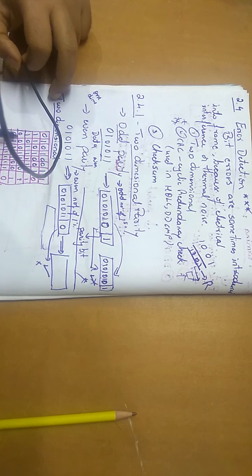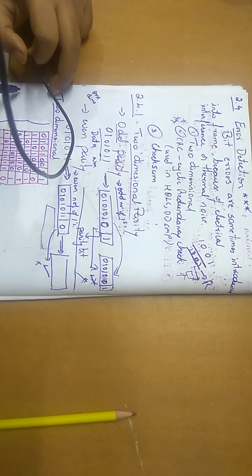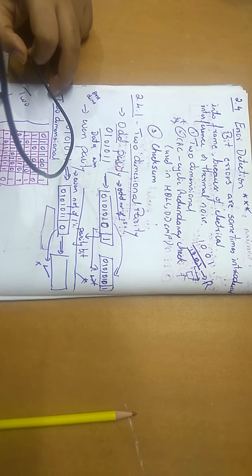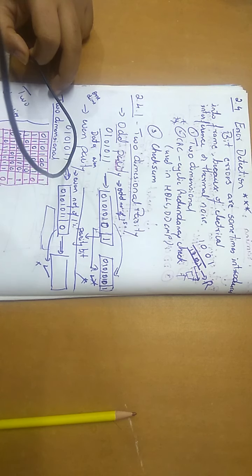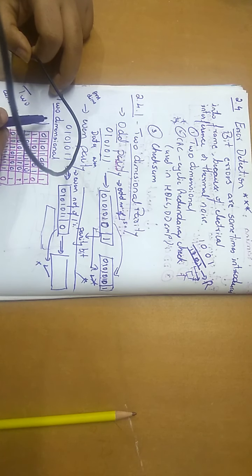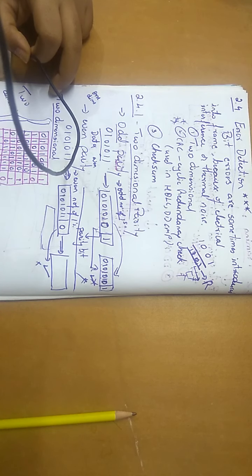They combine the different frames and do the two-dimensional parity. Both row-wise and column-wise the number of ones will be counted and forwarded. So this is for a collection of frames.